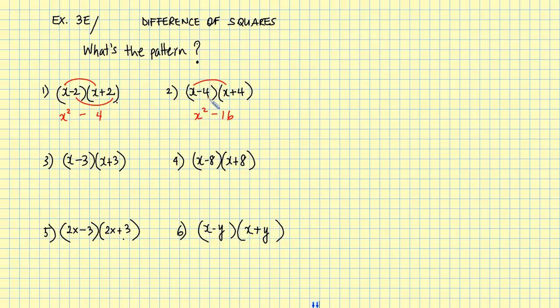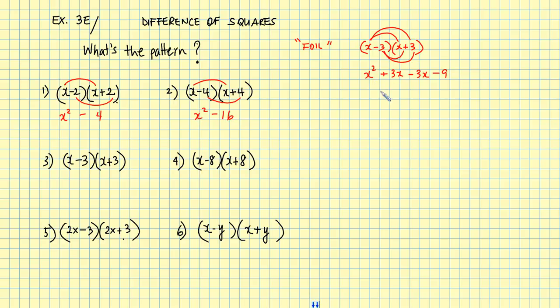This basically happens because if we tried to FOIL it, which we could use FOIL here if we wanted to, let's take example number 3. So we have x minus 3 multiplied by x plus 3. If I tried to FOIL this, I would have x times x gives me x squared, x times positive 3 gives me a positive 3x, negative 3 times x gives me a negative 3x, and a negative 3 times a positive 3 gives me a negative 9.